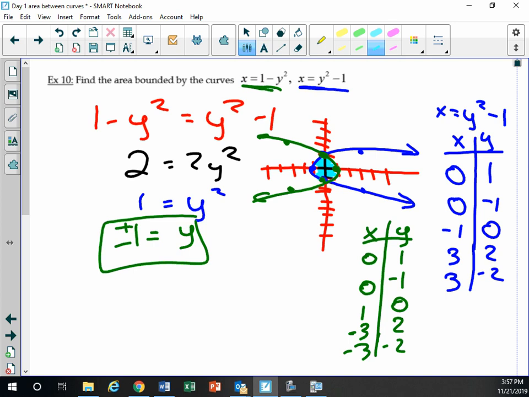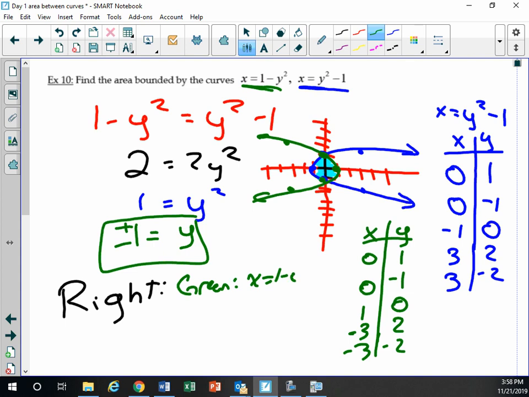And again, my right is going to be the green, which is x equals 1 minus y squared. And my left is going to be my blue, which is x equals y squared minus 1.